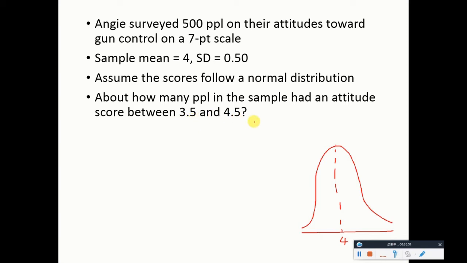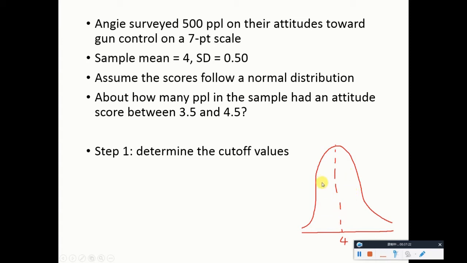So first of all, we should find out where 3.5 and 4.5 are on this distribution. That is our first step. We should establish the cutoff values, because the cutoff values will establish boundaries to help us determine the area of a shaded part.